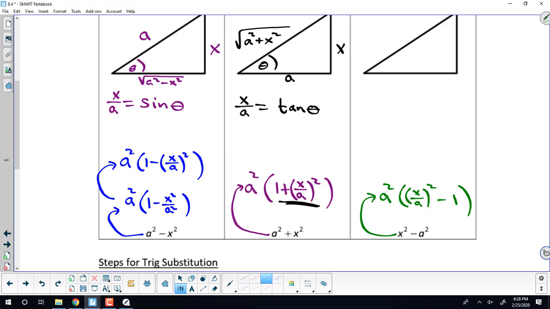Secant, right? Secant squared minus 1 is tangent squared. If for instance we let x over a be sine, then you've got a sine squared minus 1. That's not a square. It's not cosine squared. So secant squared minus 1. Therefore this x over a should be secant.